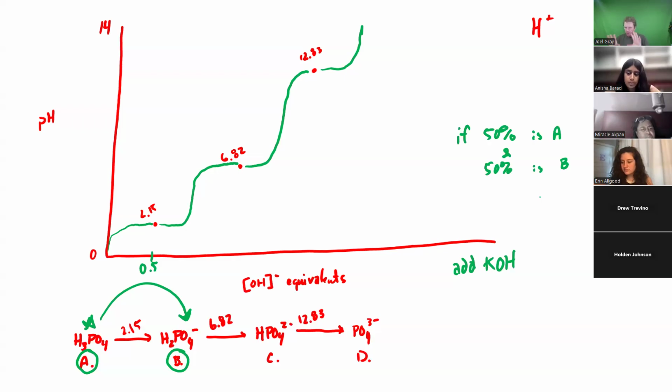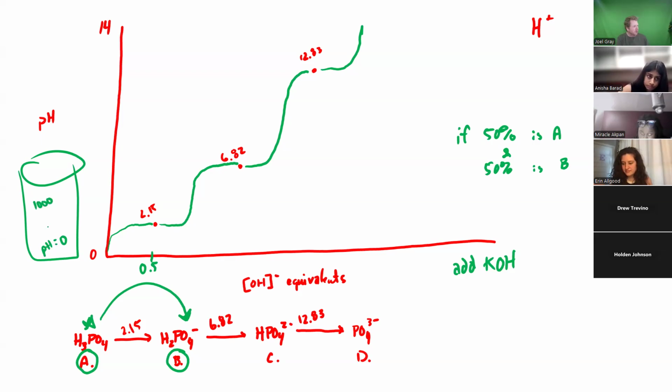So before you answer, let's say that I have 1,000 copies of H3PO4 in this solution with a pH of 0. So here's my solution. pH equals 0. 1,000 of them look like H3PO4. And what am I going to do? I'm going to add KOH to this.